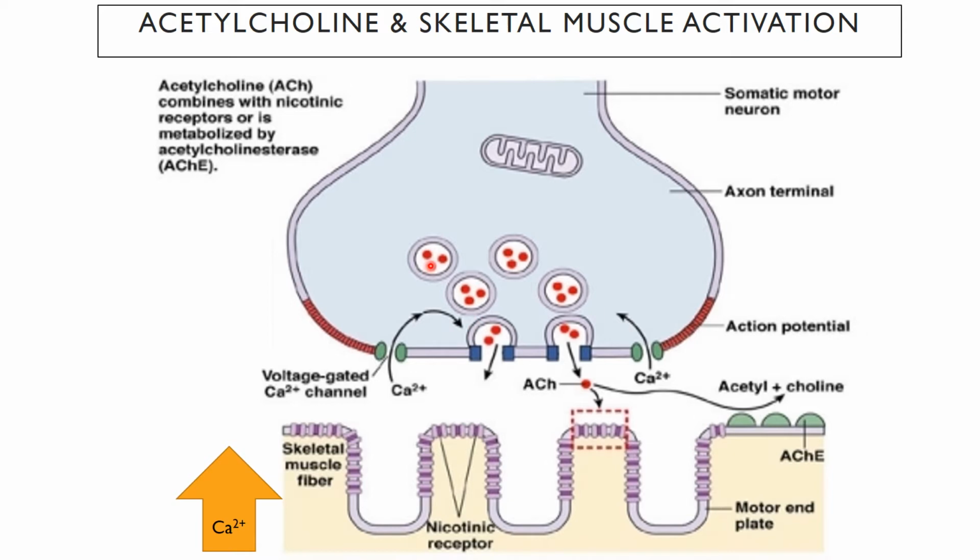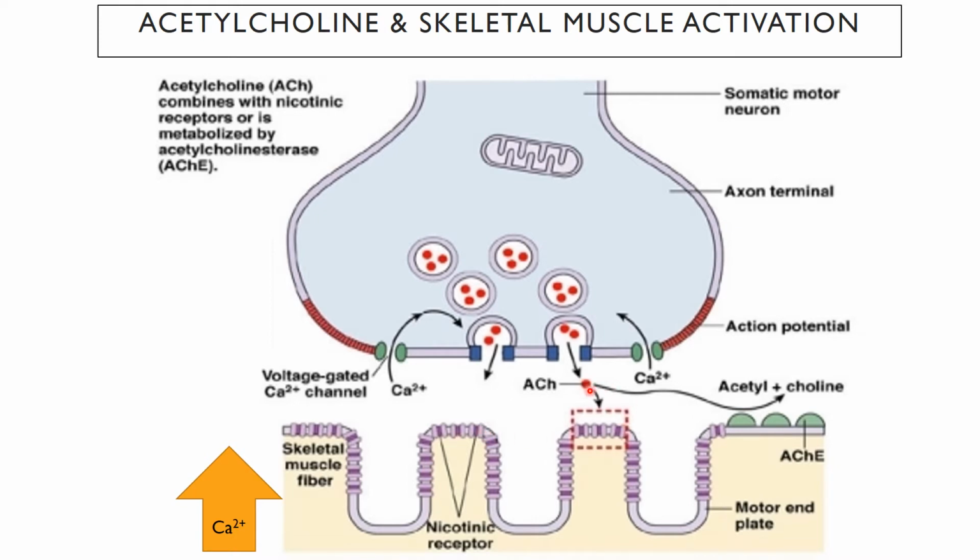These vesicles are filled with acetylcholine. So then the vesicles bind to the presynaptic side, releasing acetylcholine into the synapse, and then acetylcholine will bind to cholinergic receptors. The type of cholinergic receptor we find at the motor end plate are nicotinic cholinergic receptors.